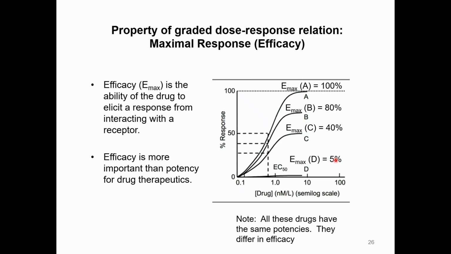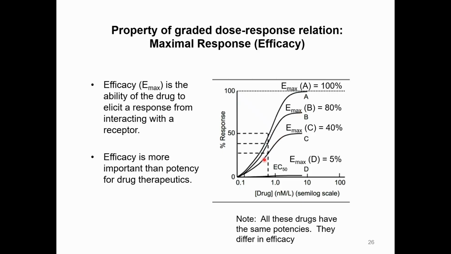So if you look at all these drugs, A has the highest Emax, okay? So it's the most efficacious. It gives you the best biological clinical response. Interestingly enough, on these graphs, if you were to calculate the EC50, they actually have similar EC50s, and therefore similar potencies, okay?